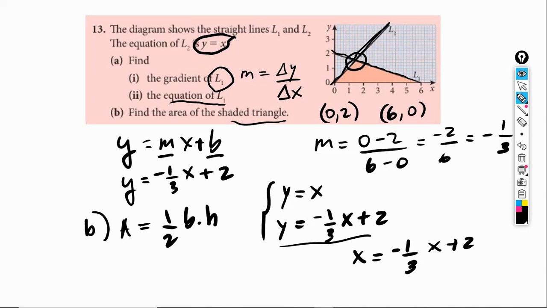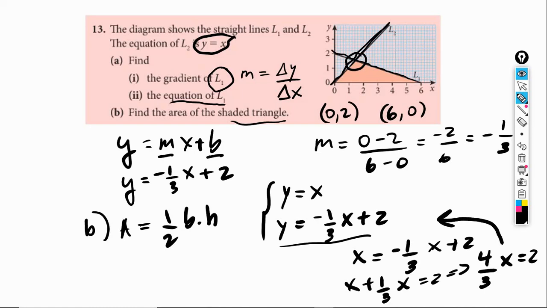So we can say that x plus 1/3 x is equal to 2. And this implies that 4/3 x is equal to 2.